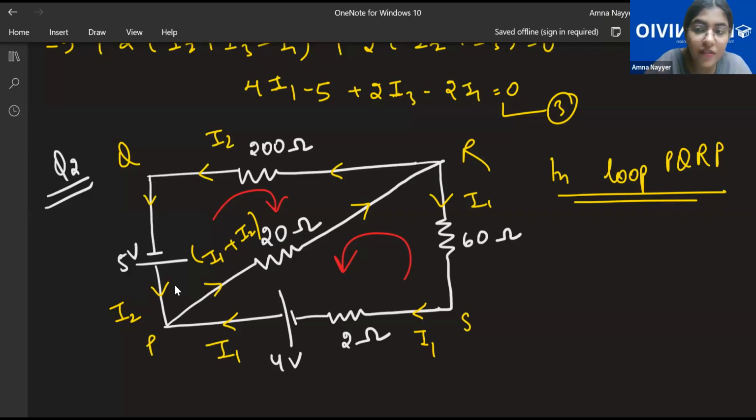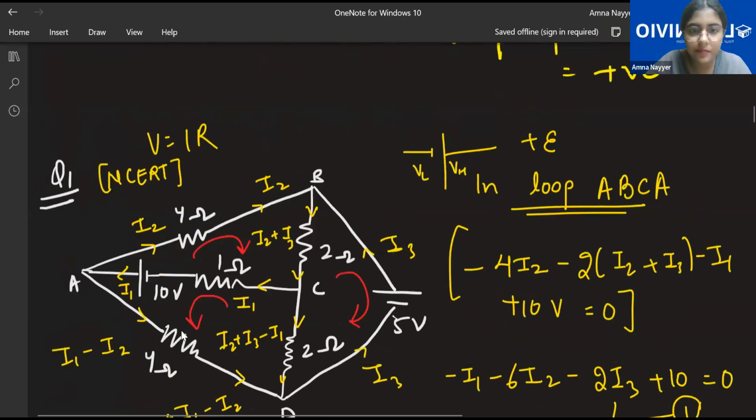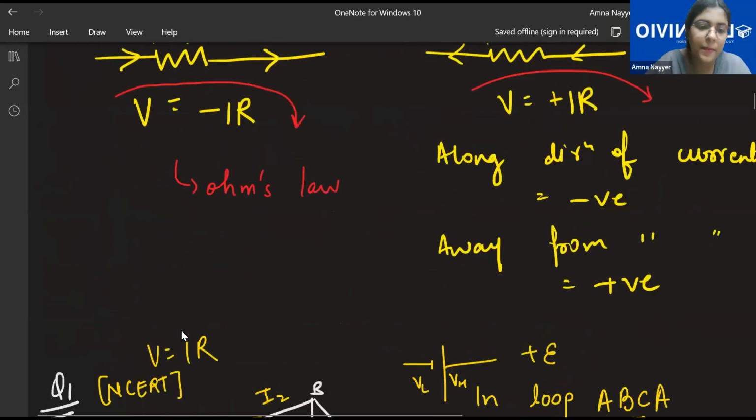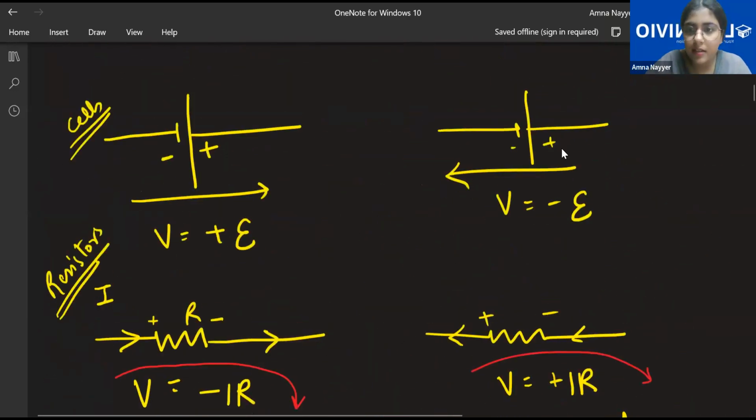No, see, it's minus 5. Remember this one: higher to lower. From a higher value, you are going down to a lower value, so negative. From lower to higher, so positive.